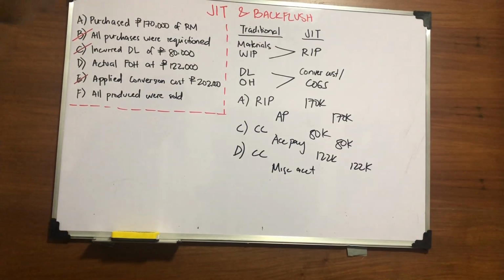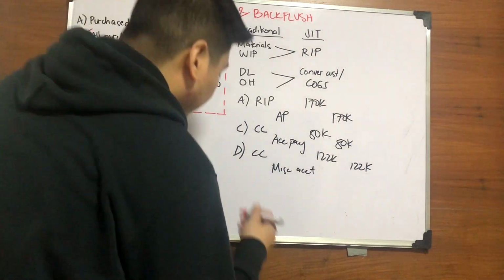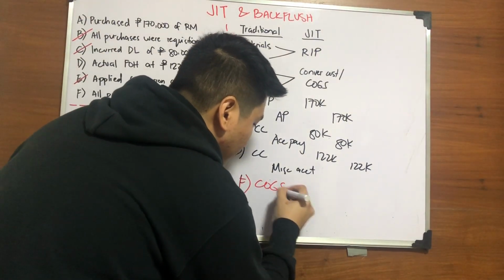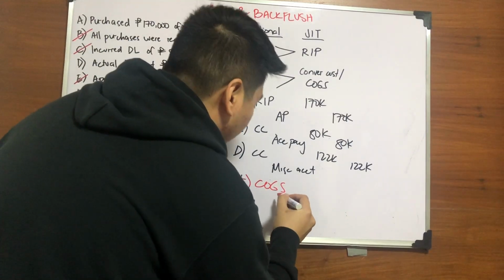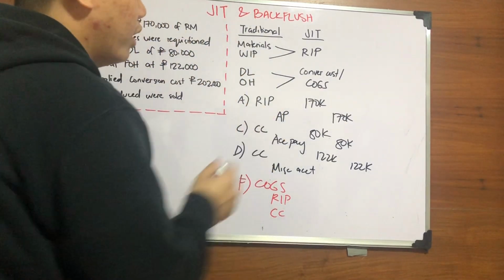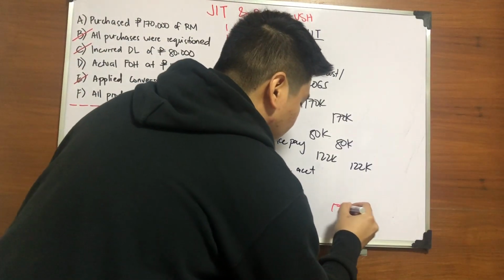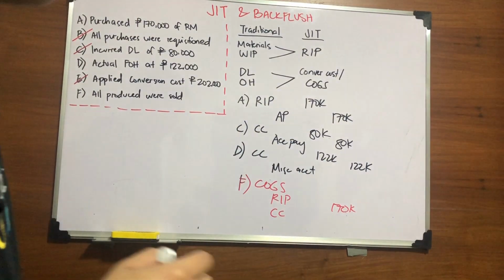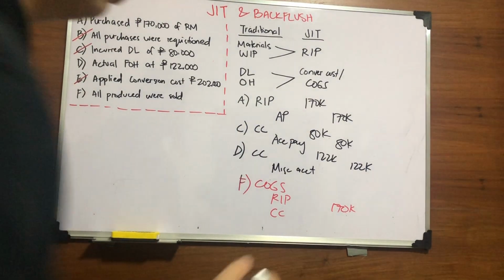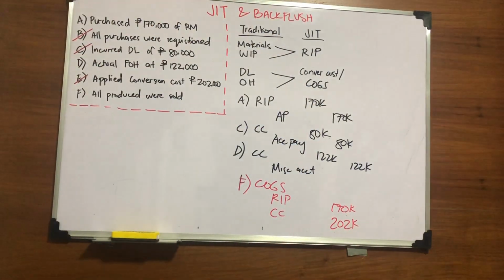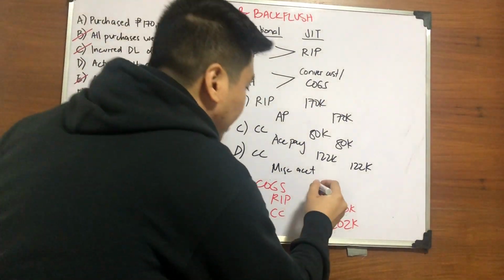So for your letter F, your journal entry would be debit cost of goods sold, and you have your raw and in process and your conversion cost here. Your raw and in process amounts to 170,000, and the total of your conversion cost of 80 and 122 is 202,000. Your cost of goods sold would be 372,000 as well.